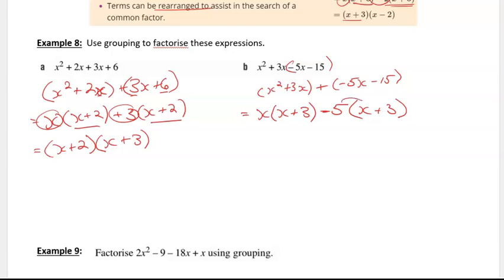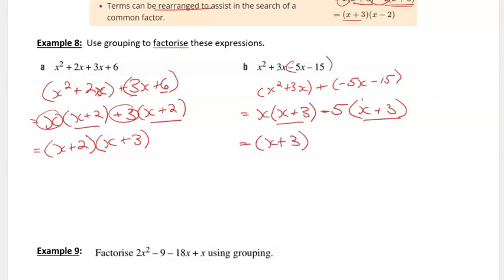And if you're in doubt, work them out and see if you get the answer above, and we do. And now we've got a common factor of x plus 3. Really cool, right? So we have x plus 3, and then we're going to multiply that by x minus 5.